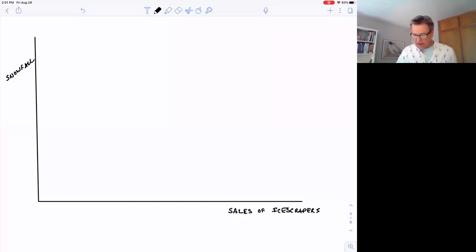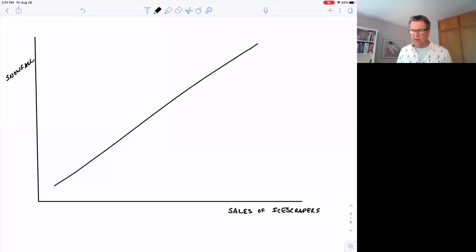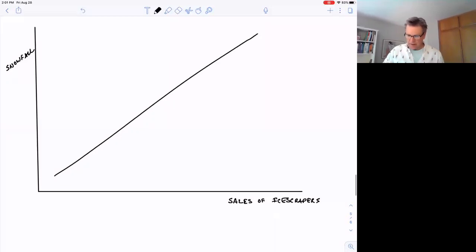Okay, so let's say we gather this data between sales of ice scrapers and snowfall, and we get a positive correlation between the two. Now, you know that sales of ice scrapers, the number of people buying ice scrapers, don't cause a snowfall. You know it's the other way around. Snowfall has got to be causing the sales of ice scrapers.